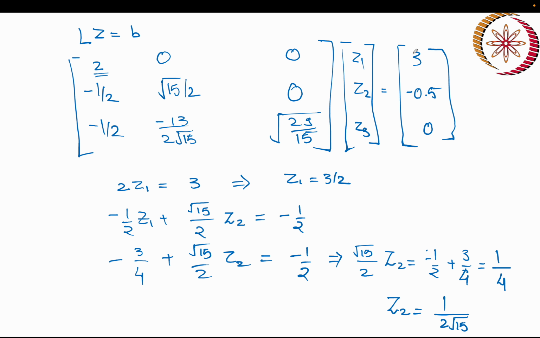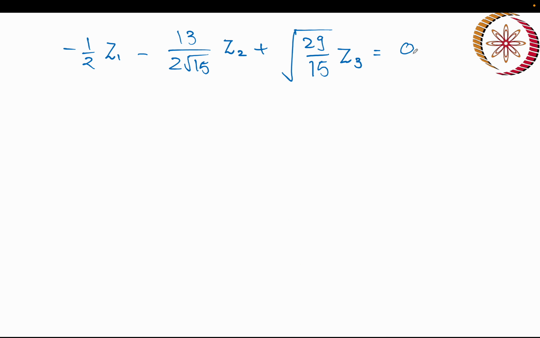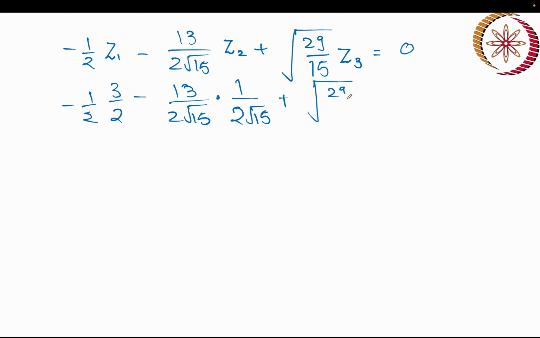Yes. Okay, so z1 is 3 by 2 minus 13 by 2 square root 15, z2 is 1 by 2 root 15 plus square root of 29 by 15, z3 is equal to 0.